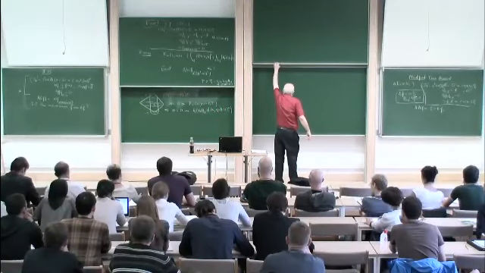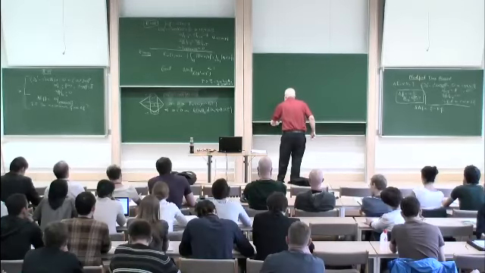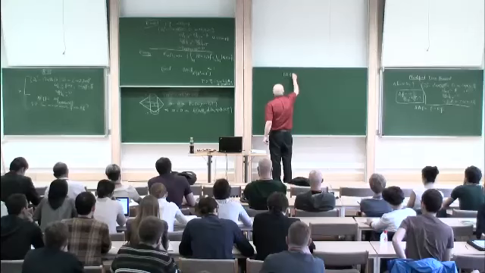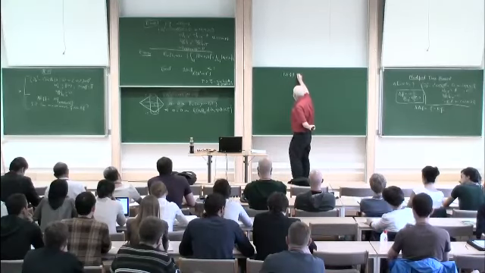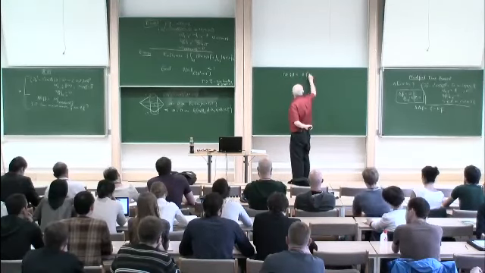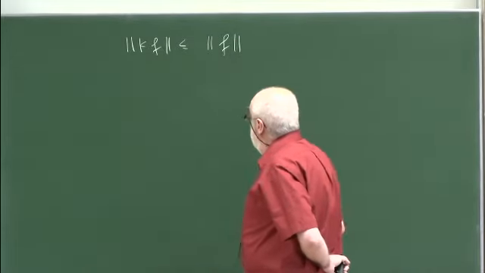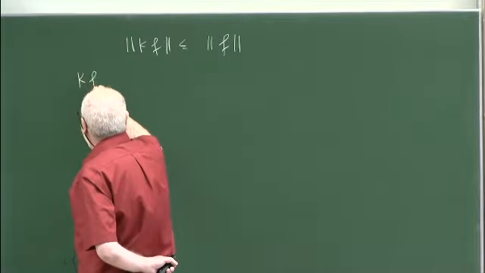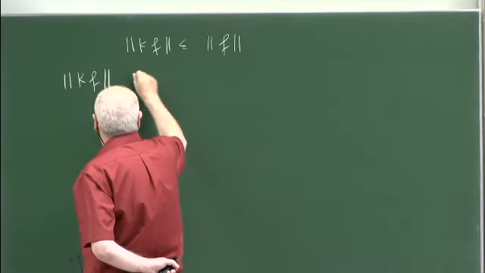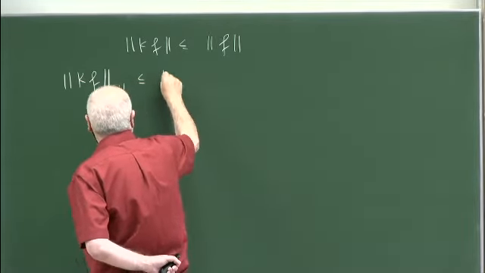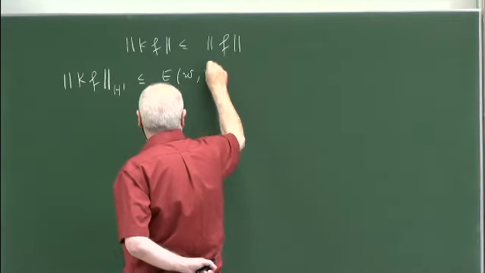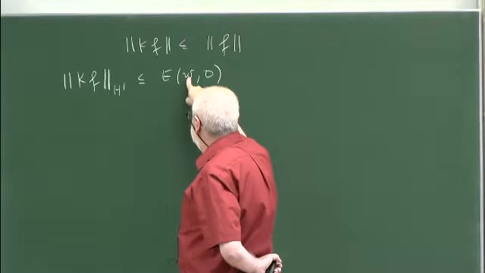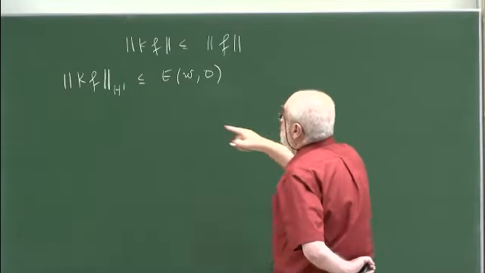So let me, yesterday we proved that the norm of K, when it's clear, the norm, I'm not going to have subscripts, is less or equal than the norm of f. And this follows from the following string of inequalities. So it's less or equal than the energy of the solution at time 0, because the energy contains the data.